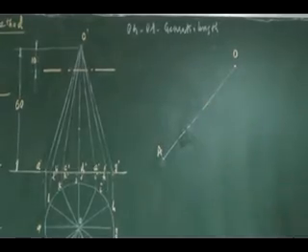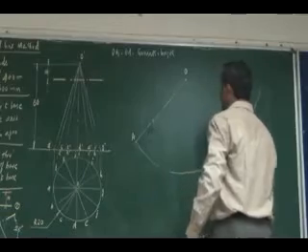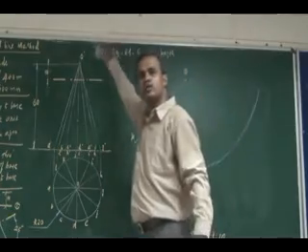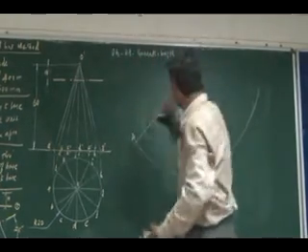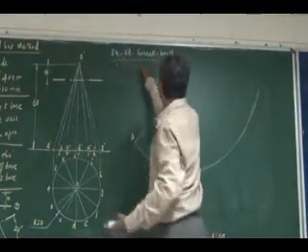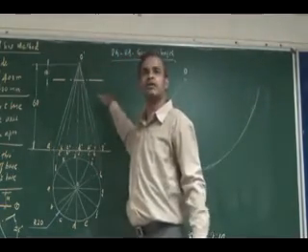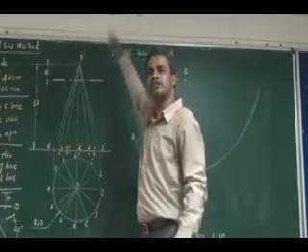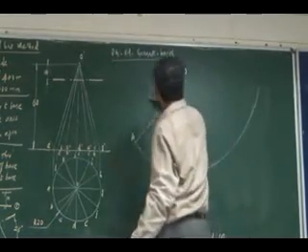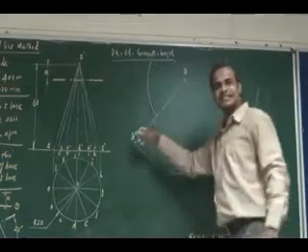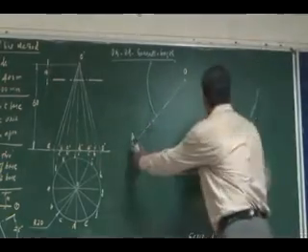Whatever distance you are getting in your front view, OA and OG, that is your generator length. For this, I can draw an arc.